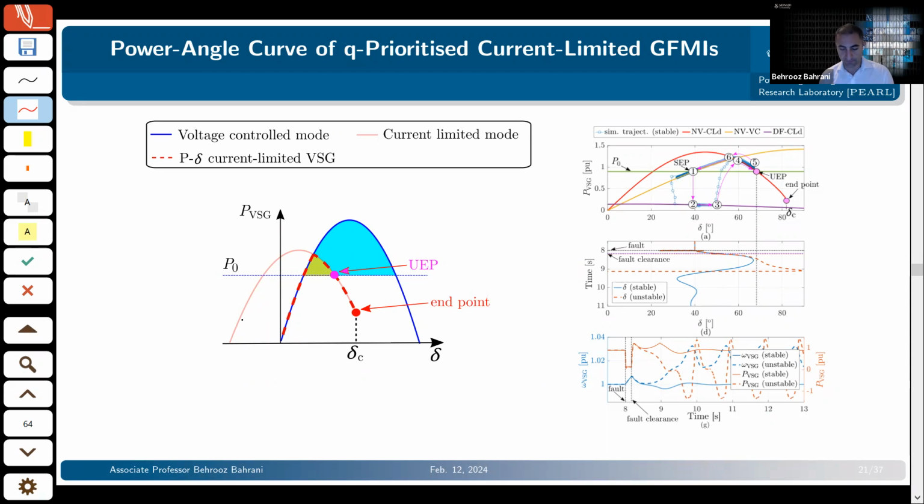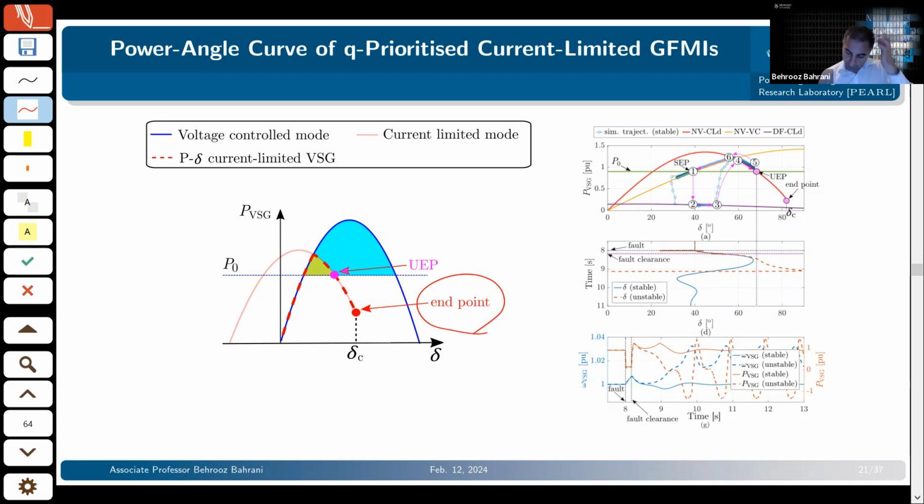The P delta curve was telling us whether that current limited grid forming inverter remains stable or not, and whether we go to that negative feedback region or not. But there's another point, this endpoint, and if you reach that endpoint, that will also make your system unstable.